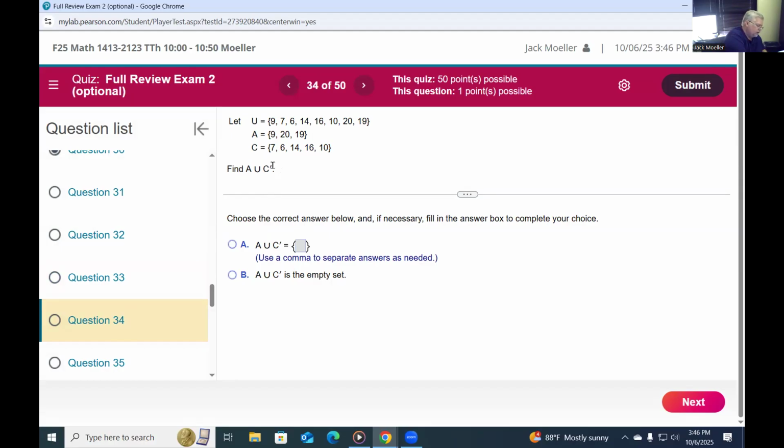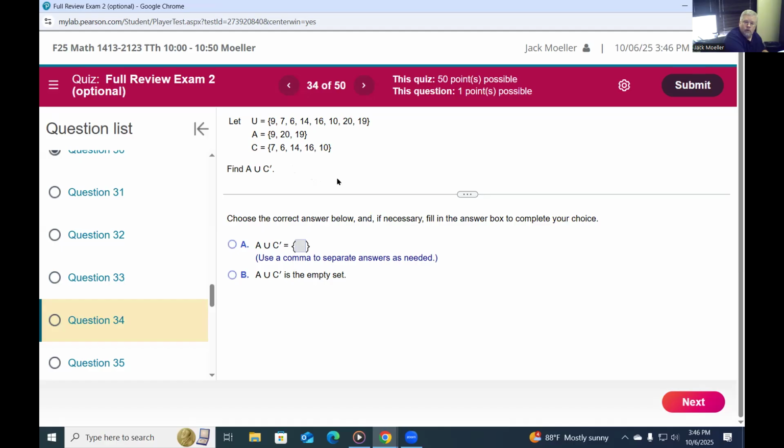So that universe is not in any order whatsoever. But we only have one complement here. So again, since there's no parentheses, next thing we do is the complement. So step 1 is going to be our complement. And then step 2 will be the union. Okay, so let me get this written down, and then I'll show you.